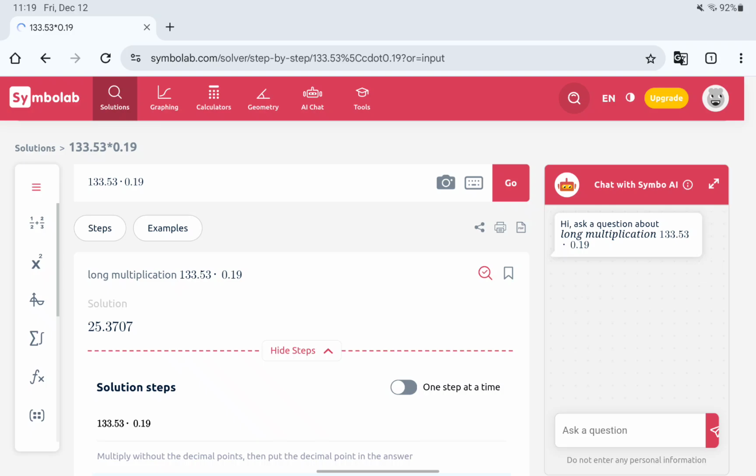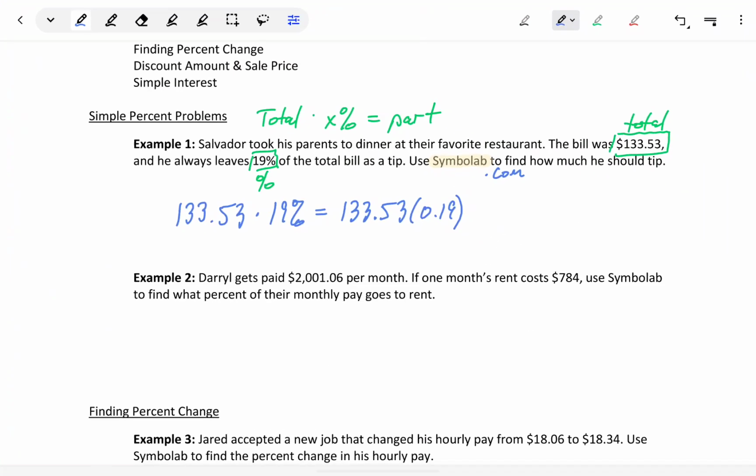There's an intuitive step we need to take at this point to know that what we're calculating is a tip, meaning a dollar amount. Money problems are always going to have exactly 2 decimal places. Even if an answer doesn't tell us to use that rounding specifically, it's going to be up to us to understand that. So we should know that this tip would round to $25.37.